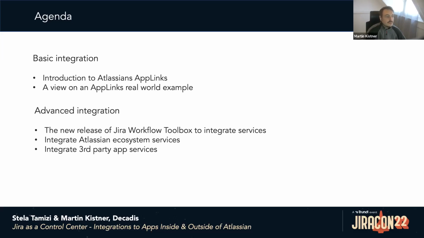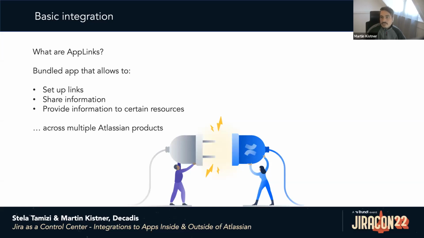We will speak about the new release of the Jira Workflow Toolbox, one of our prominent apps, and then we will look at how they integrate in the Atlassian ecosystem services and how we can even make use of third-party services.